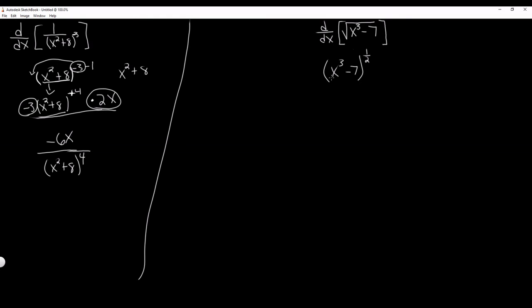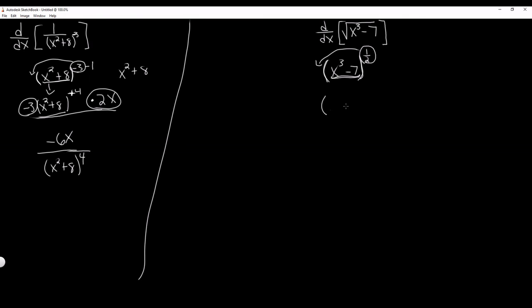We have an inside function other than just x, inside a larger function, which is to the 1/2 power. So what we can do is use the power rule to take the derivative of the outside function, by taking the exponent and moving it to the front.